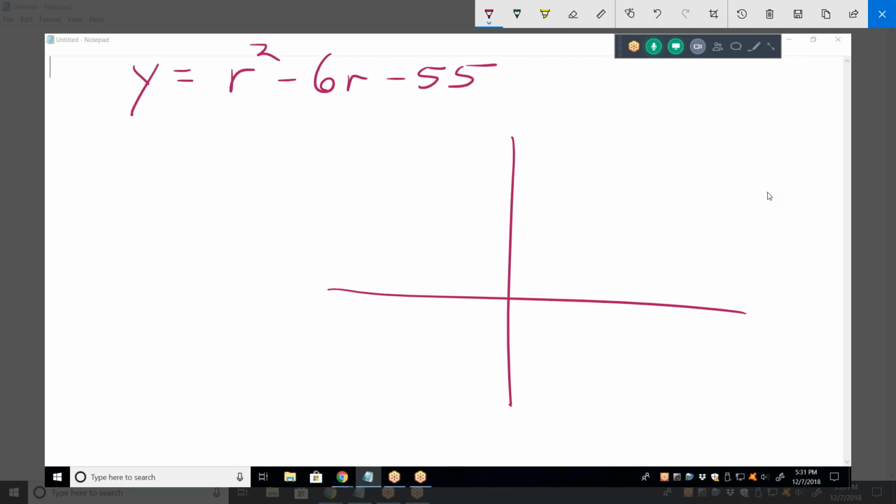You do know, because if the coefficient of the squared term is positive, it opens up, always. If it is negative, it opens down. Well, the coefficient is +1, so it opens up.